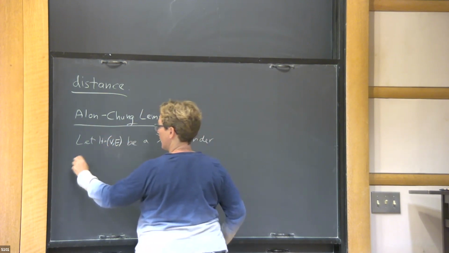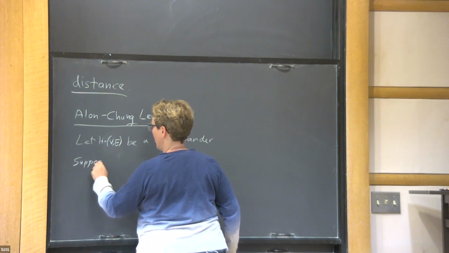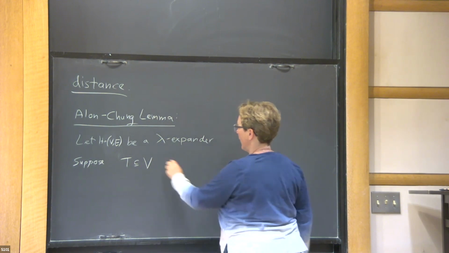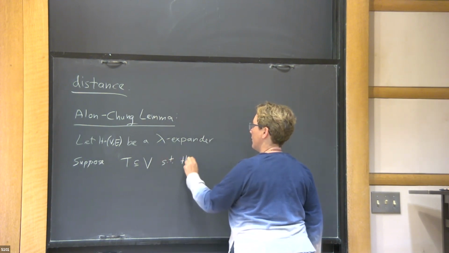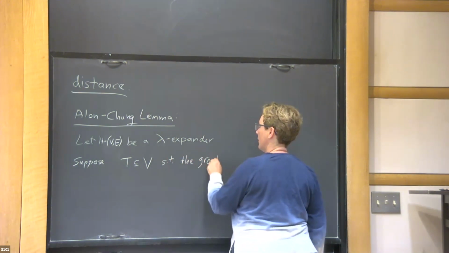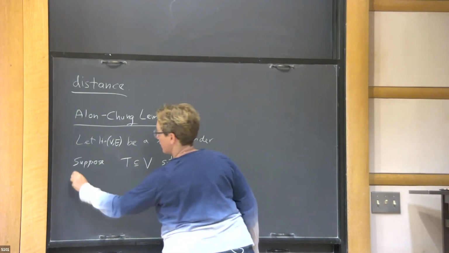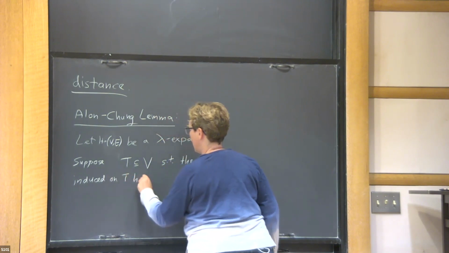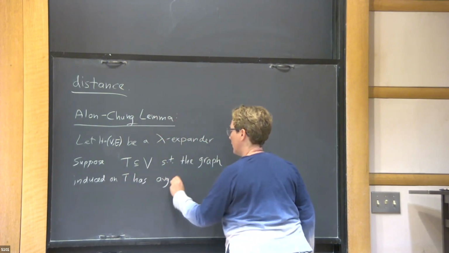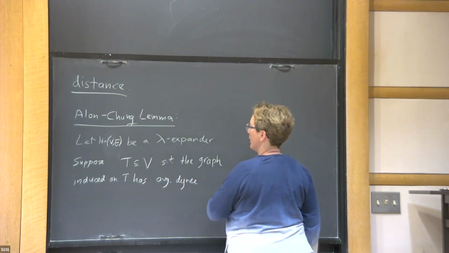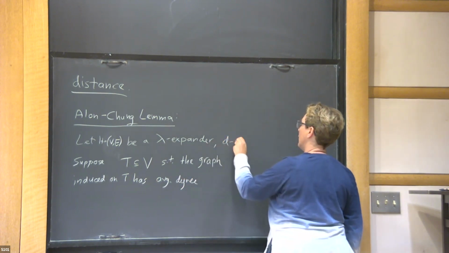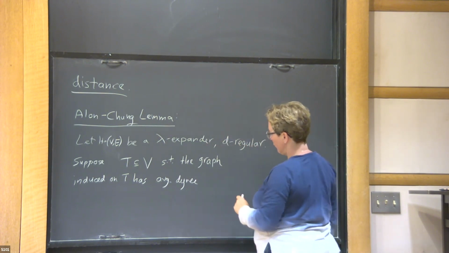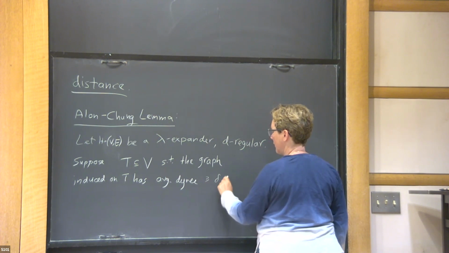Then suppose you have some subset T of the vertices such that the graph induced on T has average degree bigger than delta times D.